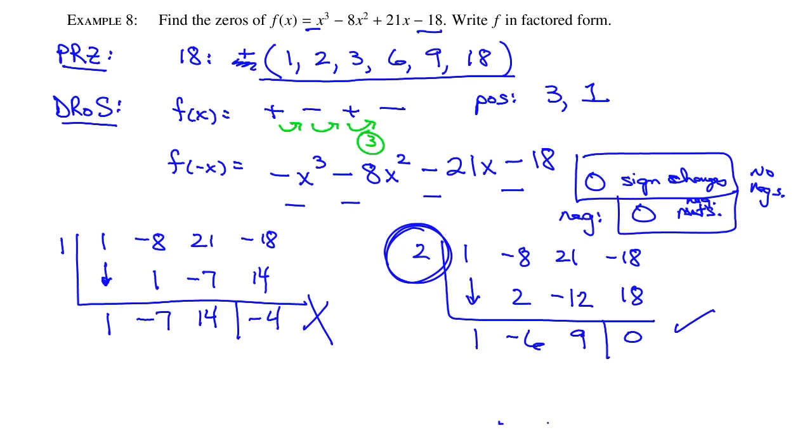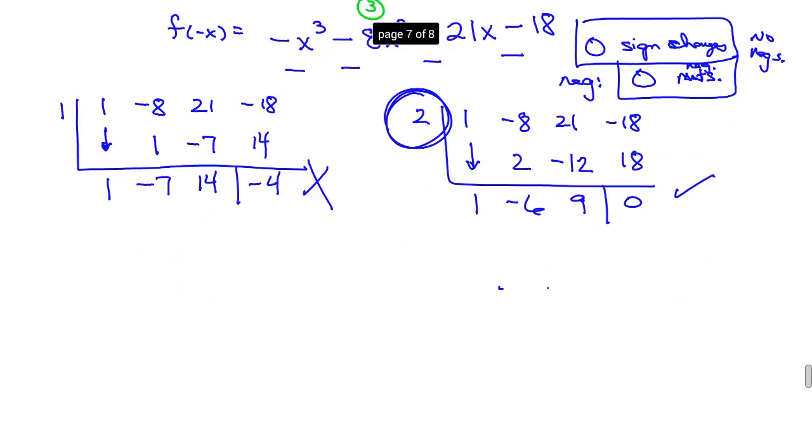Now, the best part of this is the following. Because we started out with a cubic, we found a root, and that leaves x squared minus 6x plus 9 as the quotient. So now all we have to do is find the roots or the zeros of this quadratic, x squared minus 6x plus 9. But it is quadratic, so we can do a multitude of things.